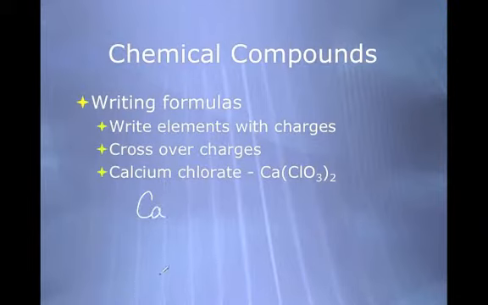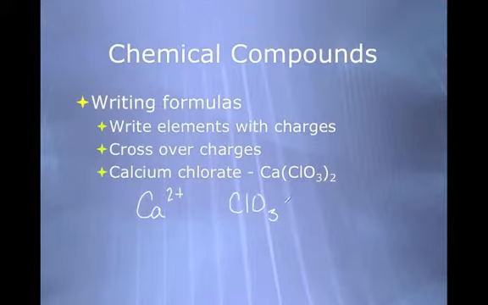Calcium has what charge? A 2+. And then what is ClO3? Chlorate. So ClO3, it's a polyatomic ion, so that would be in the little box above your periodic table. So can everyone find chlorate, ClO3?